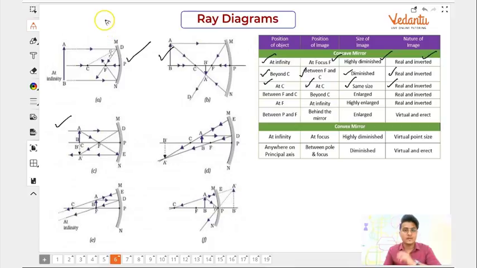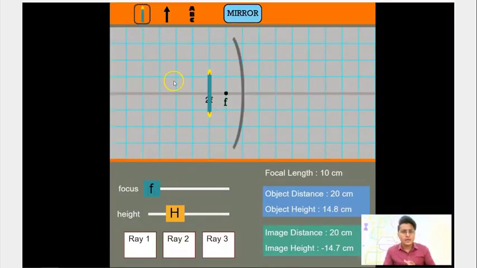Now once you have done that, we'll proceed forward and we'll jump on to the concept when the object is now kept in between center of curvature and focus. What do you see now? You see that now the image has become greater than the size of the object.